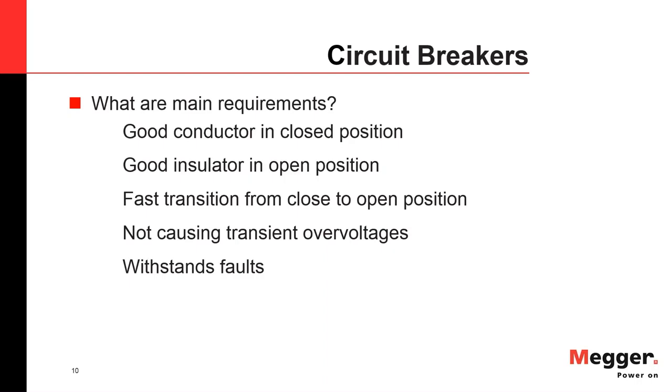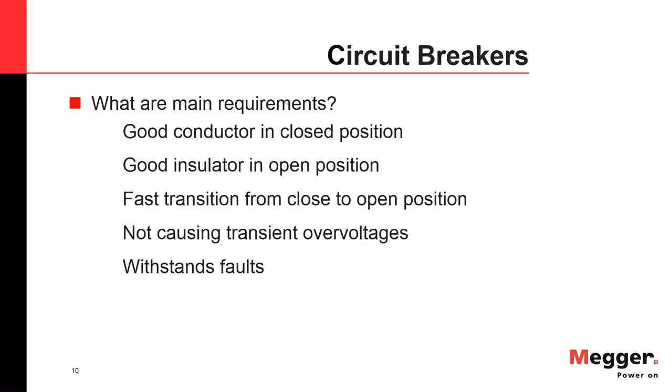In the open position, it should ideally be a perfect insulator, so there can be no flashover. Very important is the transition from the closed to the open position in particular, because that is the interruption, but also from the closed to the open to the closed position, which should be as fast as possible.